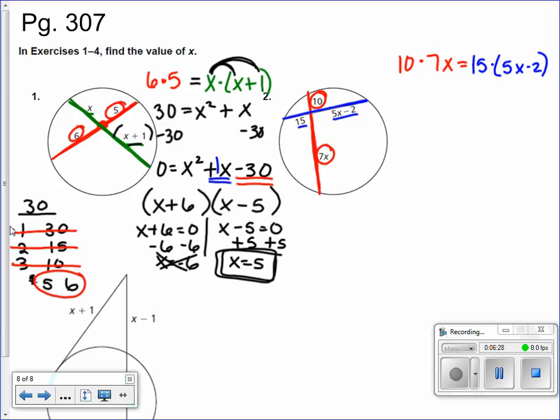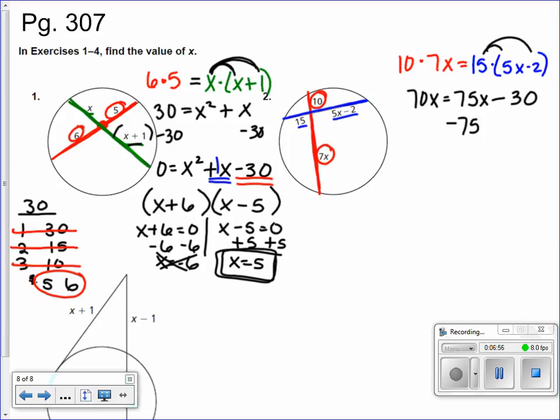On the left, 10 times 7x is 70x. On the right, distribute that 15 through. 15 times 5 is 75x. Minus 15 times 2 is 30. Two-step equation from here.